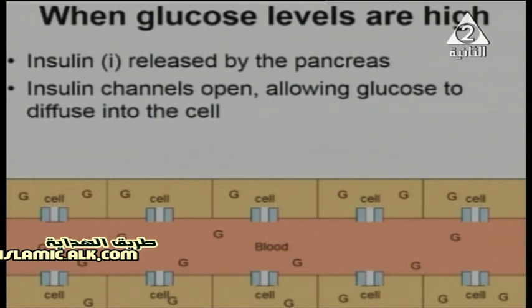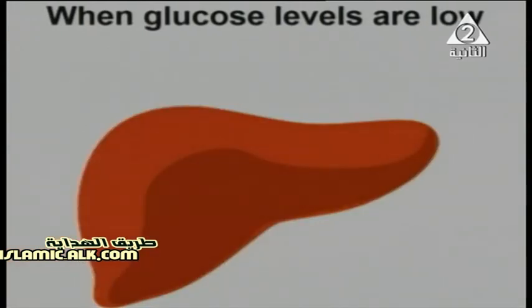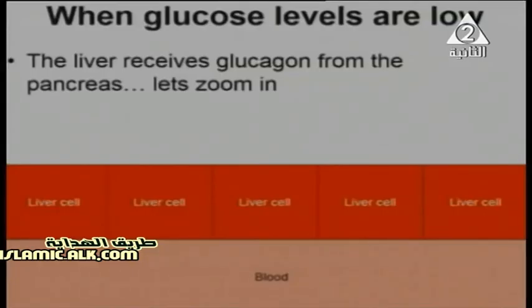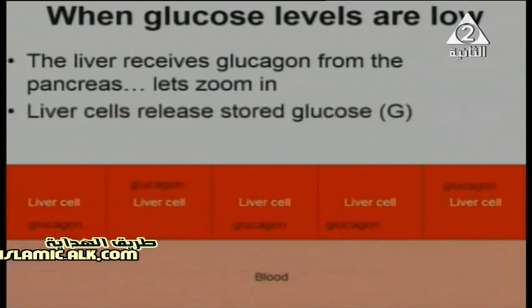On the other hand, if you want to get the stored glycogen out of your body's storage, your body calls the glucagon hormone to release it into the blood. So they work contradictory to each other. Insulin decreases the blood glucose, while glucagon increases the blood glucose.